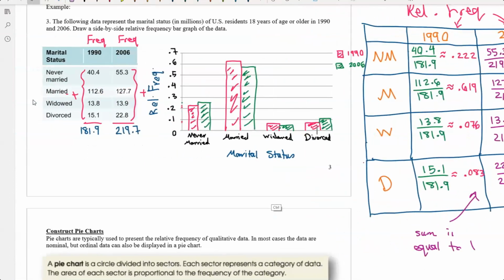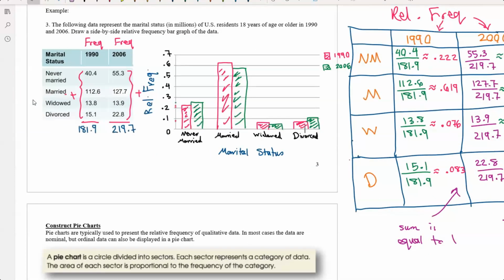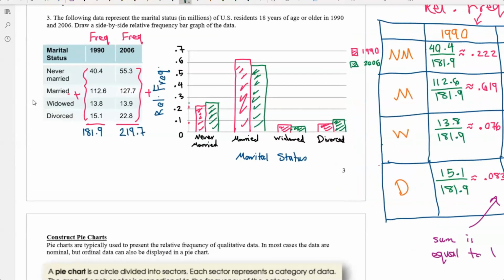So this is our side-by-side bar graph. The point is that we want to compare between these two colors. Okay, so here this is for never married, and that is data for 1990, and comparing that with 2006, we have an increase. For married, we have a decrease.